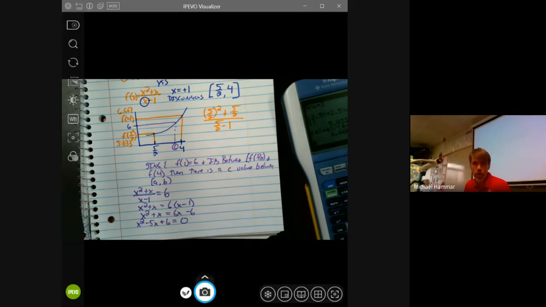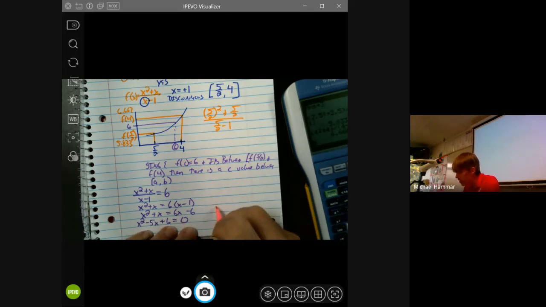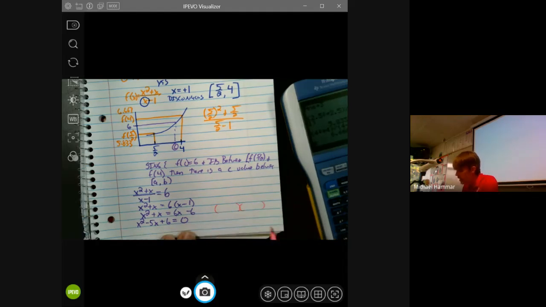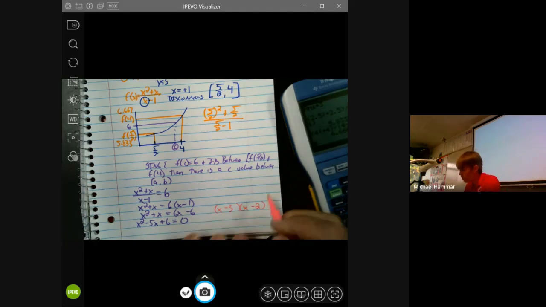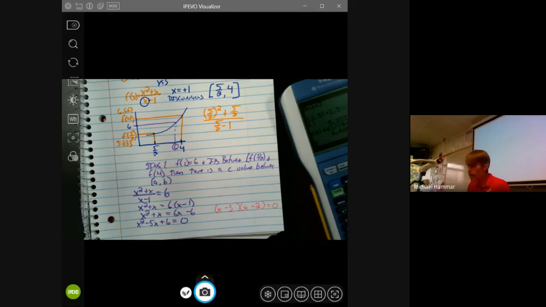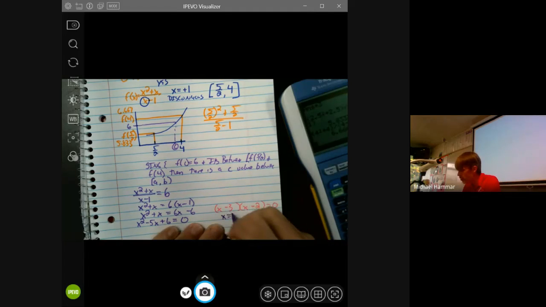Now, you should all remember at this juncture that once you have x squared equal to 0, you can factor. So I'm going to just factor on this side. So we have x, and I need to get a negative 5. What numbers multiply together to give me positive 6, but give me negative 5? That would be negative 3 and negative 2. And that gives me 0. So what are my key x values? My first one, x equals 3.